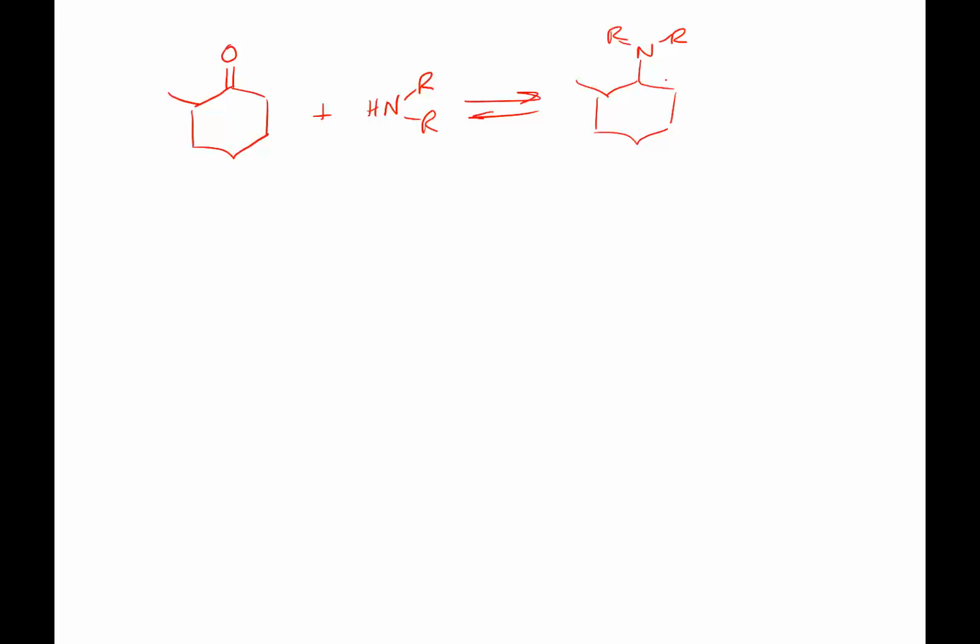And now I'm going to have a double bond that I would place either between what was the carbonyl carbon and carbon A, or between the carbonyl carbon and B. Where do you think the double bond's going to go?